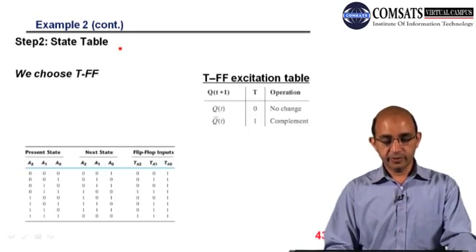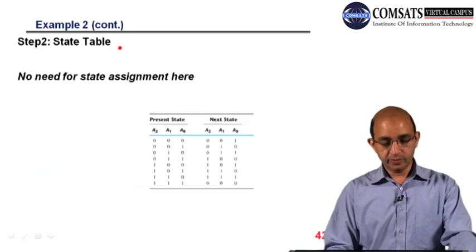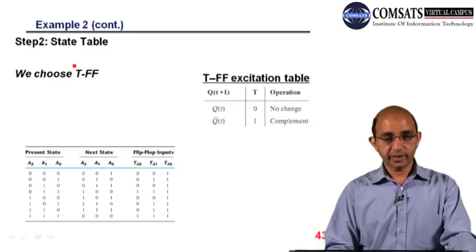Because there is no possibility of state reduction, we next have to choose the flip-flop. We have chosen the T flip-flop, and this is the excitation table for the T flip-flop.